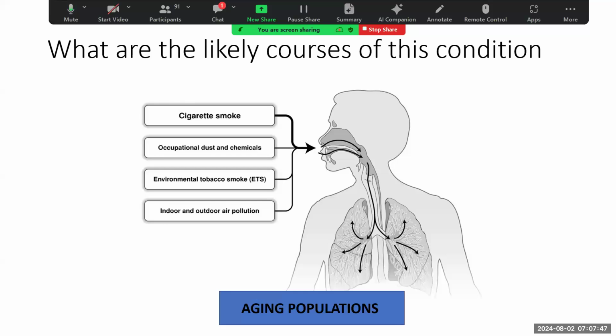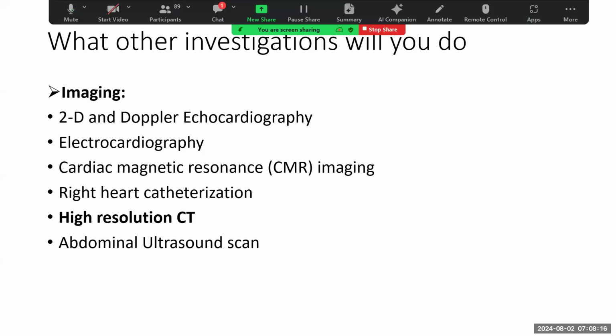So I looked for causes of COPD, which commonly is associated with cigarette smoking, occupational dust and chemical exposure, environmental tobacco smoking, which otherwise can be described as passive smoking, or indoor and outdoor air pollution, like we commonly have in our environment. Aging population is also a risk to COPD. Prematurity, premature birth, can also be a risk factor or a cause of COPD. And then what other investigations will you do for this patient apart from the chest X-ray?